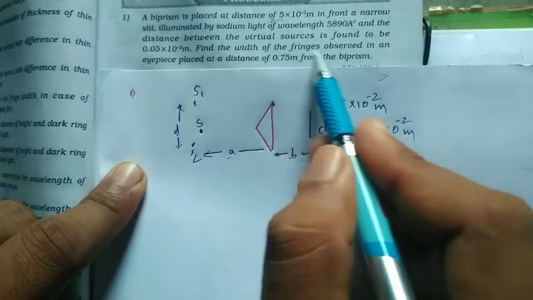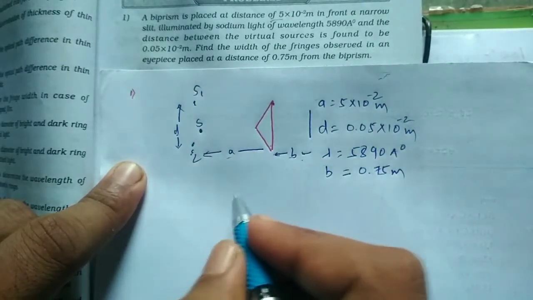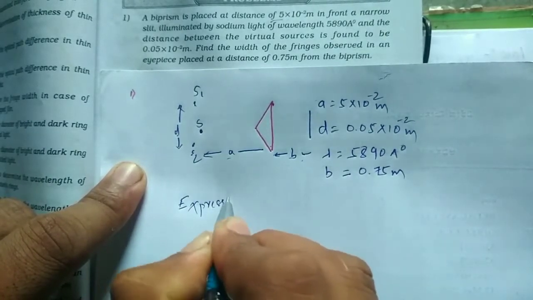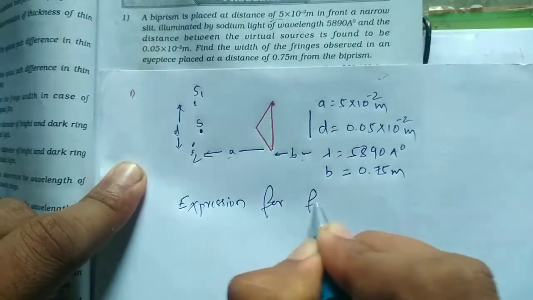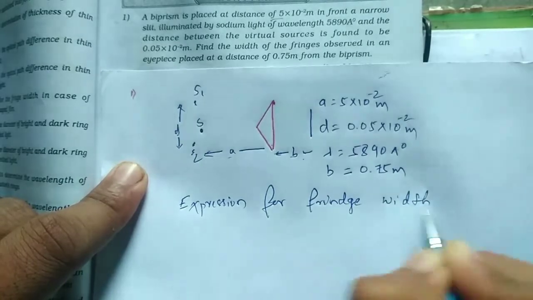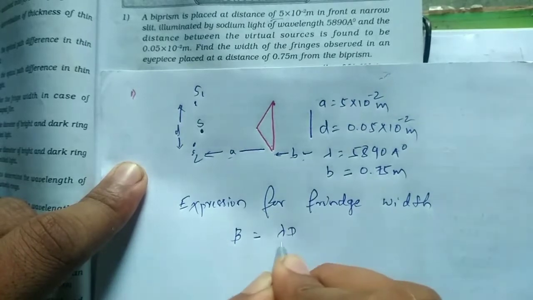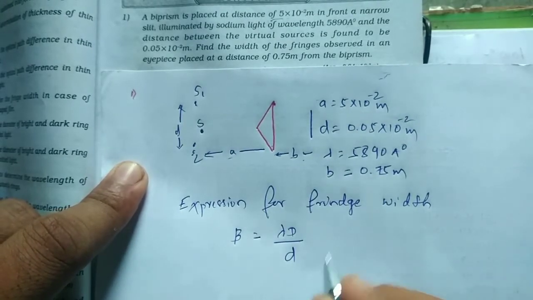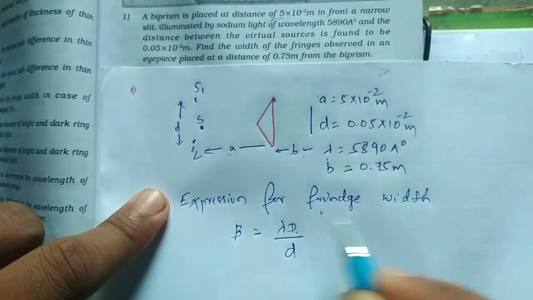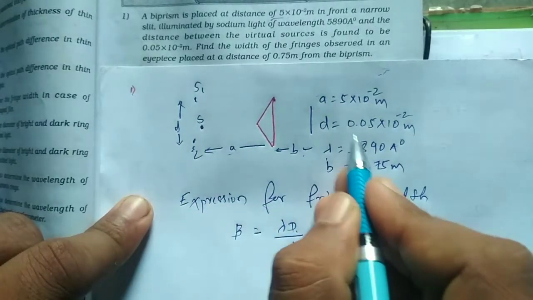The width of the fringes observed in an eyepiece. Here you have to take the expression for fringe width, that is, you know that beta equals lambda D divided by d. You have the lambda value, and capital D is the total distance from the source to the screen.